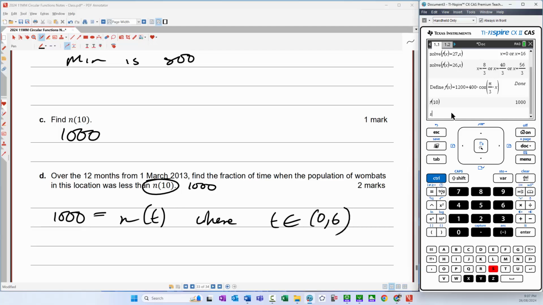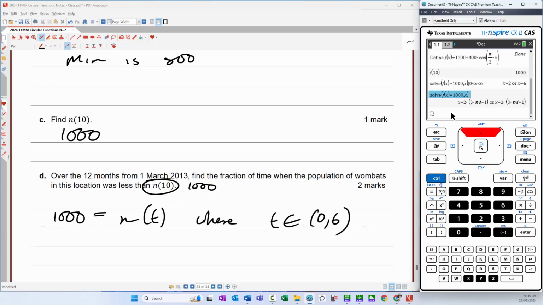Okay, so let's go ahead and solve f of x equals 1,000 for x, with 0 less than x less than 6 as the restriction. Okay, so it's at 2 and 4. Remember, if you don't give a restriction, what Kaz will do is give you the general solution, which we don't want in this case. Okay, so it's between t equals 2 and 4.